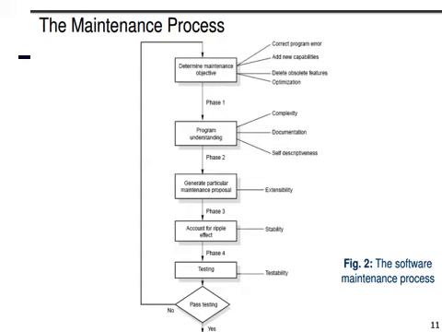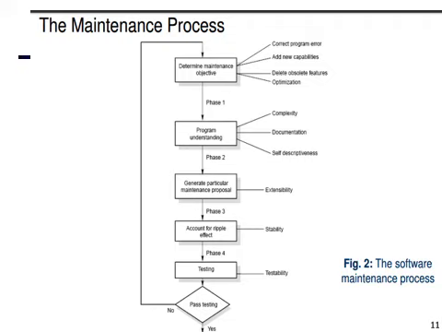Then you go for 4 phases. The 4 phases are: phase 1 is program understanding, phase 2 is generating a particular maintenance proposal, third is accounting for ripple effect, and fourth is testing of the new product.